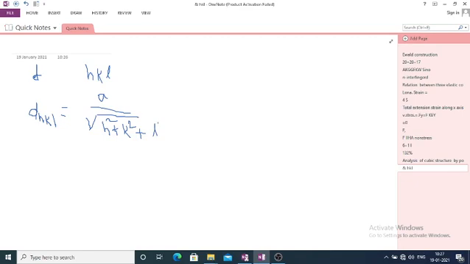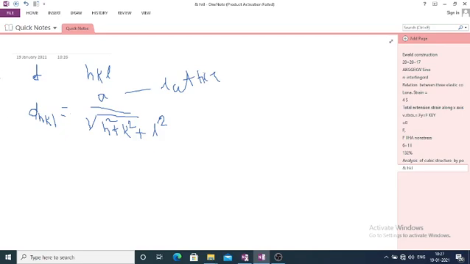This is the formula for the interplanar distance between two parallel planes for cubic structures. For cubic, a, b, c are equal. So a is nothing but your lattice spacing, that is, your lattice constant.